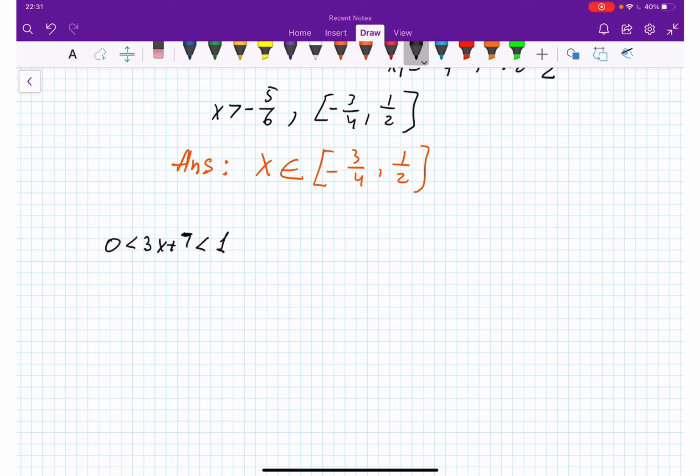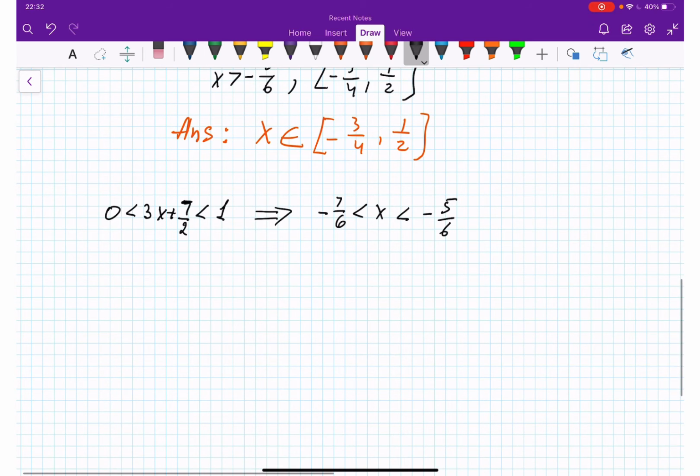So 3x plus 7 over 2 greater than 0, less than 1. From here, we get x greater than negative 7 over 6 and less than negative 5 over 6.